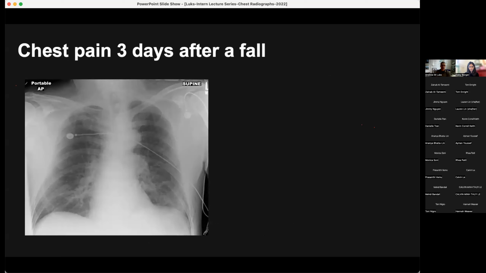So here's a patient who has chest pain 3 days after a fall.